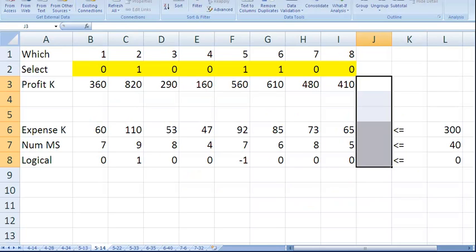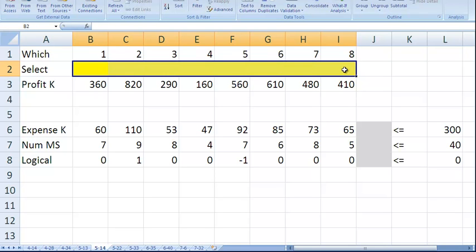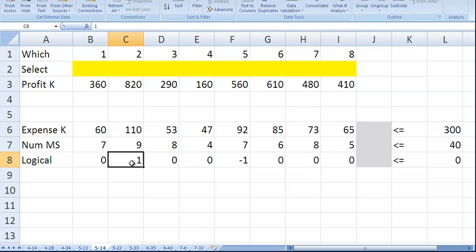When we go to the spreadsheet, we've got projects set up in row 1. We've got the decision to accept the project in row 2. We have the profit in thousands of dollars in row 3, expense in thousands of dollars in row 4. We've got the number of management scientists that we're using in row 5, and row 8.